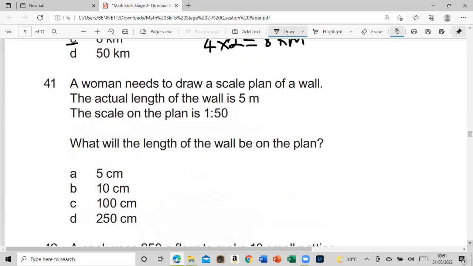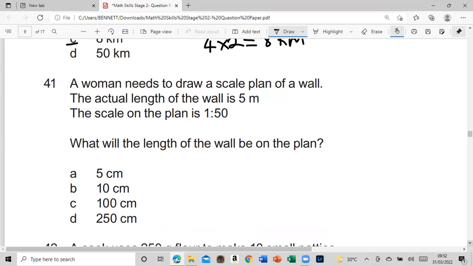A woman needs to draw a scale plan of a wall. The actual length of the wall is 5 meters. The scale on the plan is 1 to 50. What will be the length of the wall on the plan? Right?